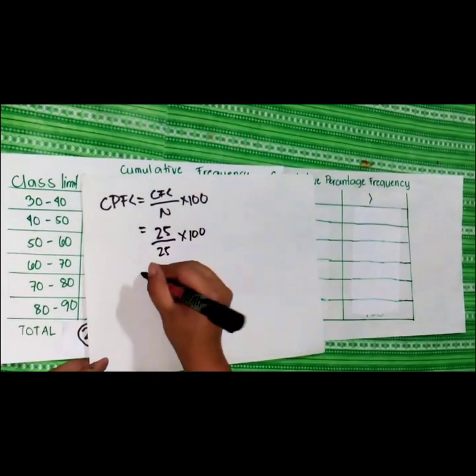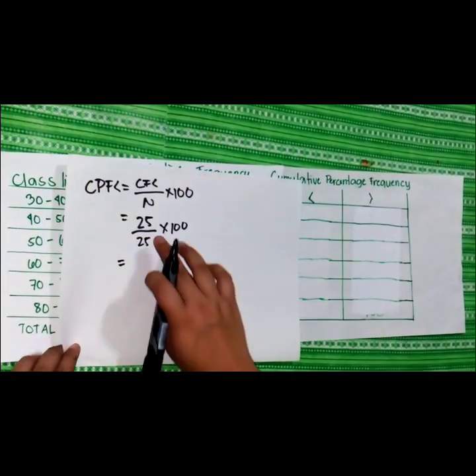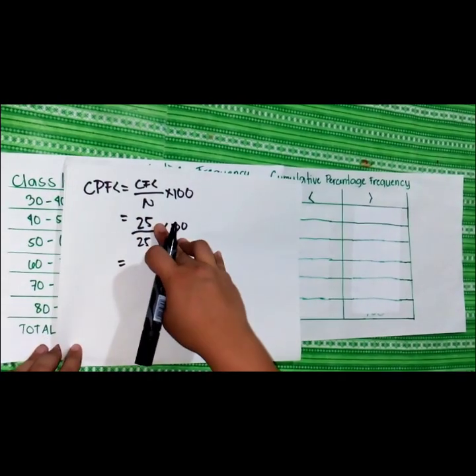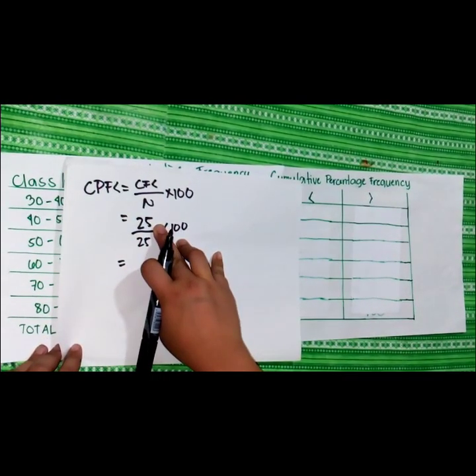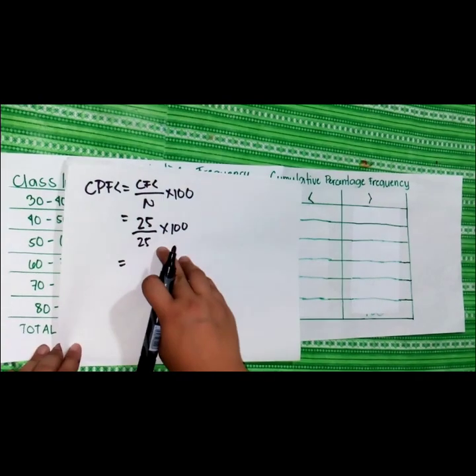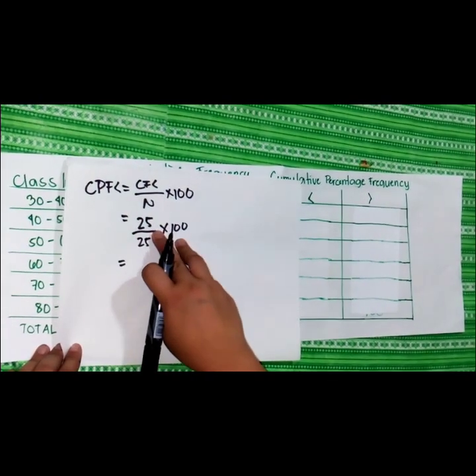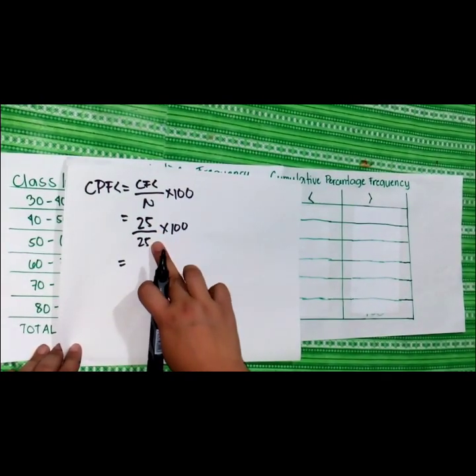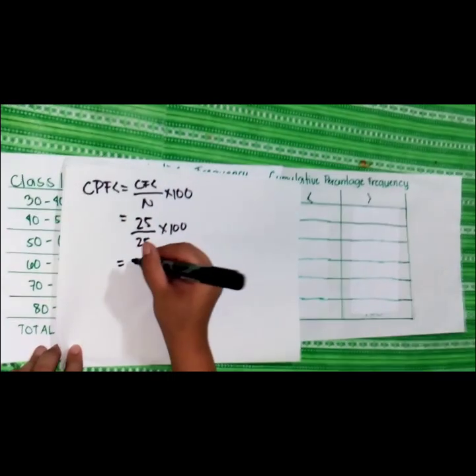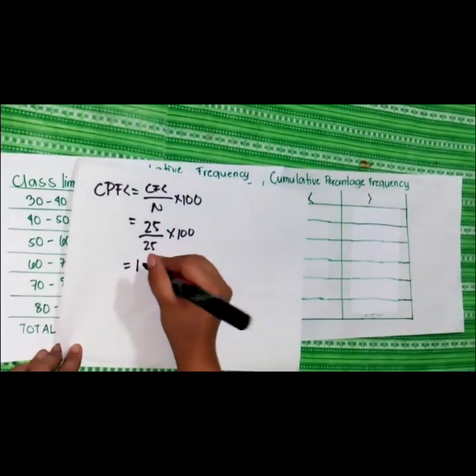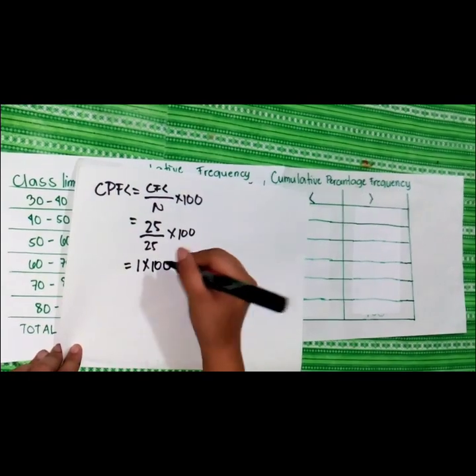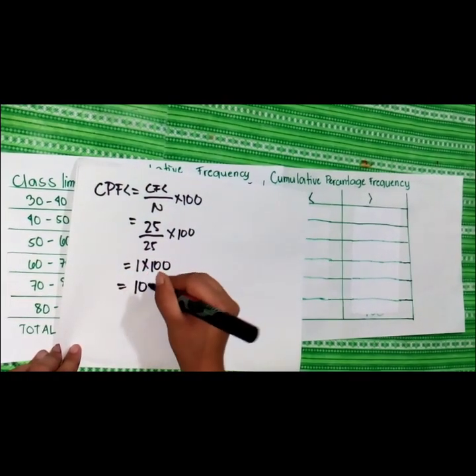Now, to find the answer, we divide the cumulative frequency lesser than by the number of cases. 25 divided by the number of cases is equals to 1. And 1 times 100 is equals to 100.